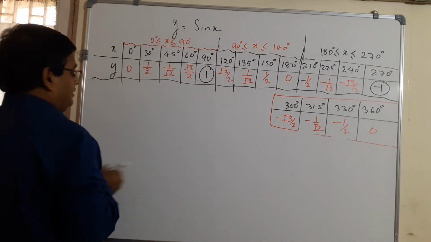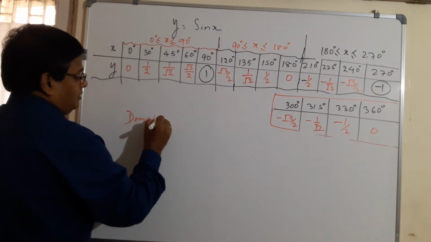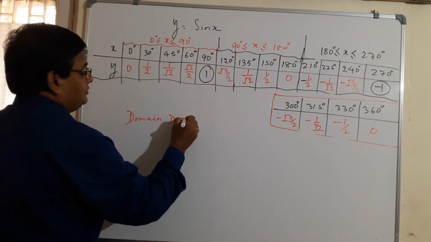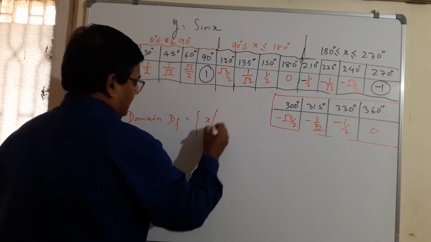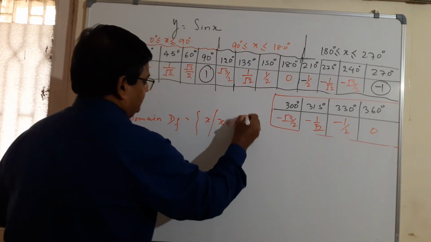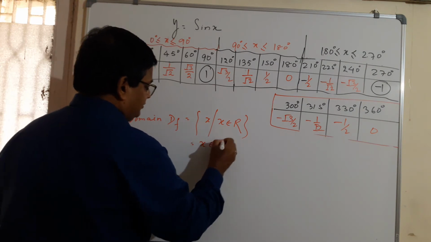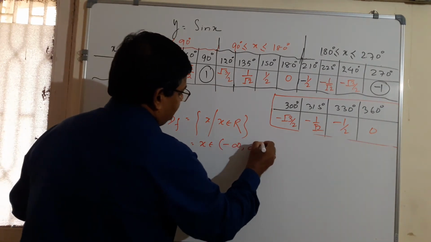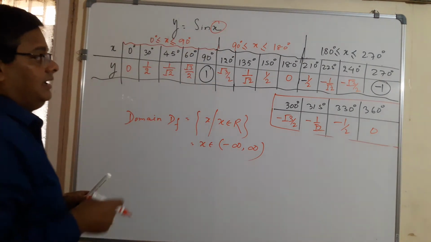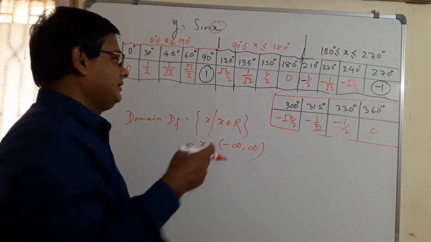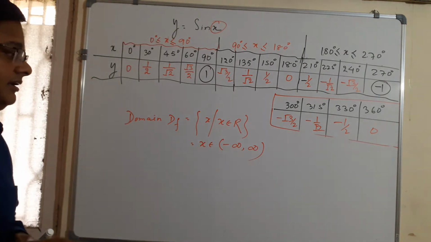So here domain Df is equal to the set of all real numbers x such that x belongs to R. Means x belongs to minus infinity to plus infinity. You can put any angles, any angles, 230 or 500, 600, 800, 1000, whatever.